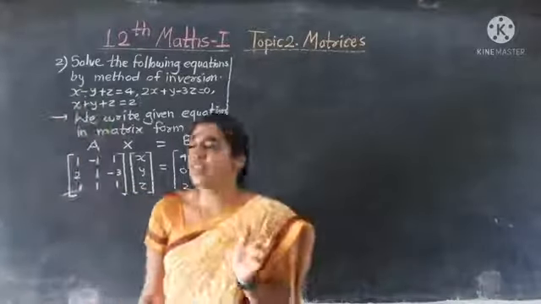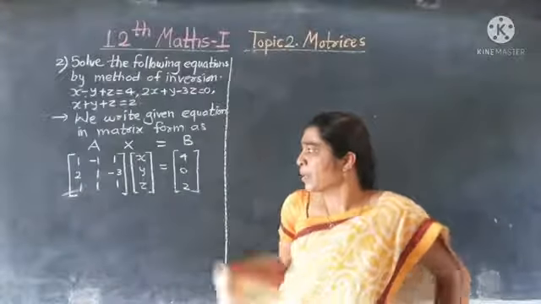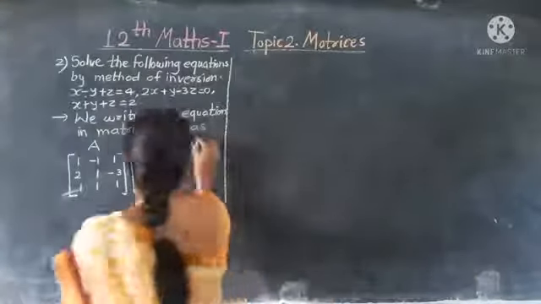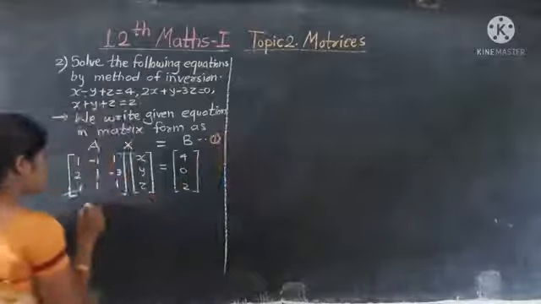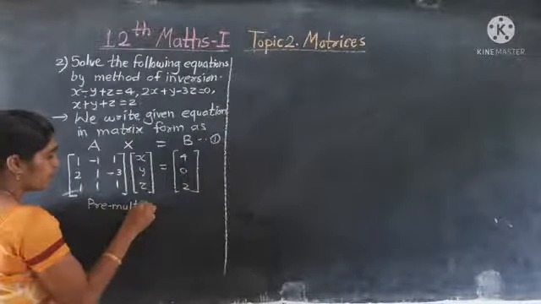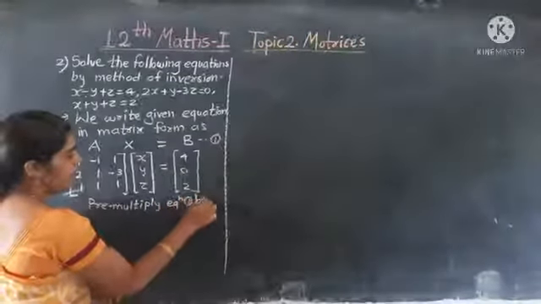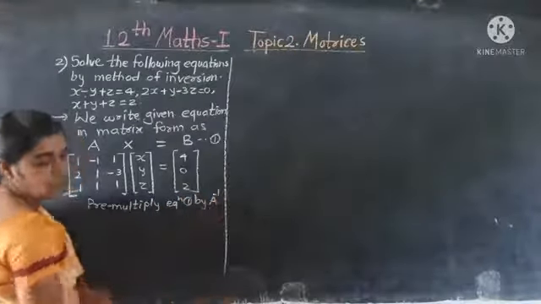First you write the given equation in the form Ax is equal to B. Okay. Now you pre-multiply equation 1 by A inverse. What do you get?